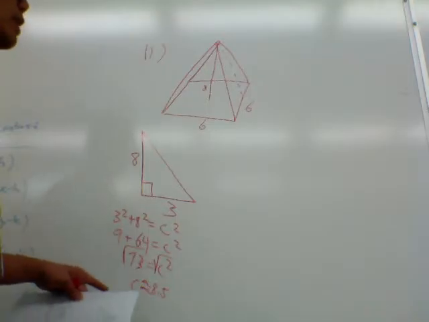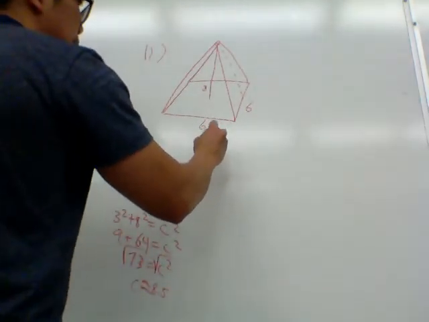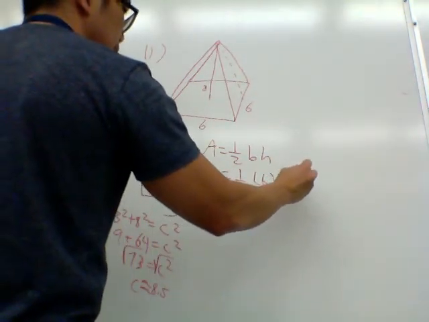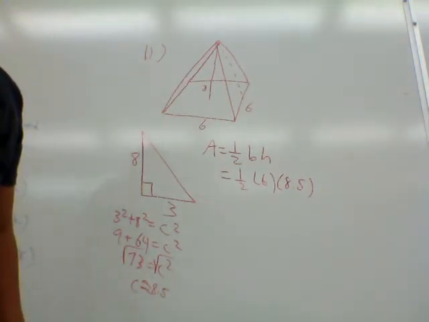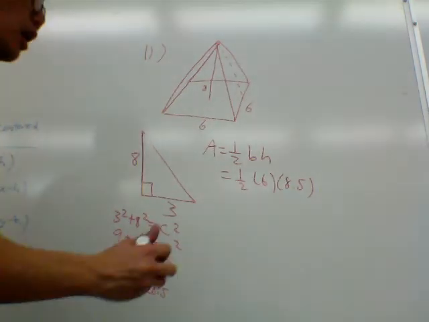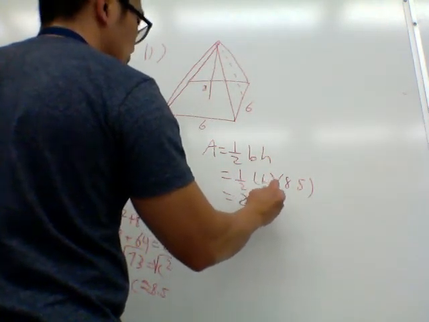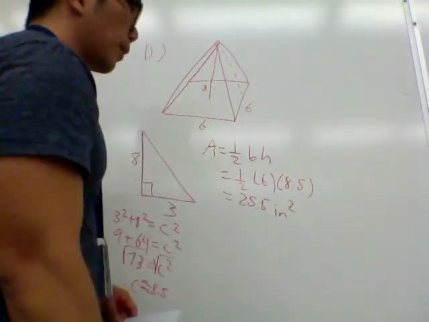Okay, so if c is 8.5, then I know I can find the area of that triangle. It's 1/2 base times height. The base is 6. The height is 8.5. Okay. And so the area is equal to 25.5 inches squared. Okay.